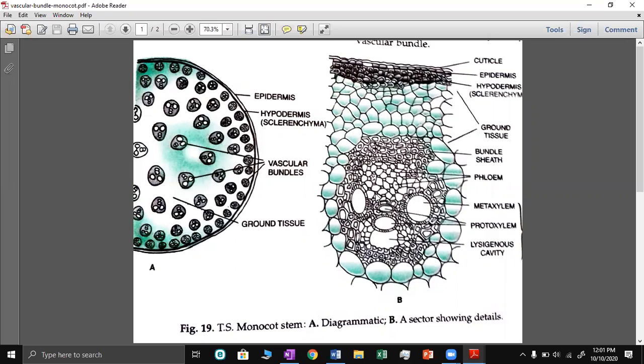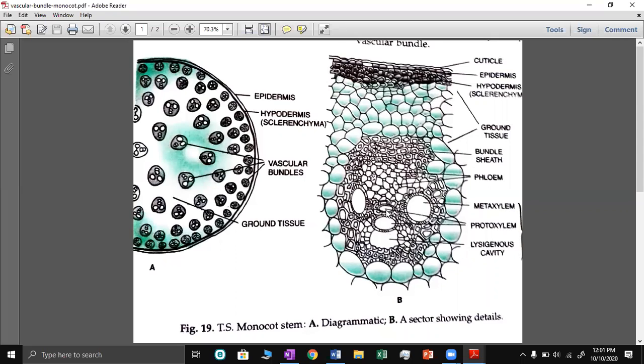This portion is the phloem, and here is a cavity, an empty space. You can see it is written here lysigenous cavity. This one is a water cavity in case of maize stem vascular bundles.